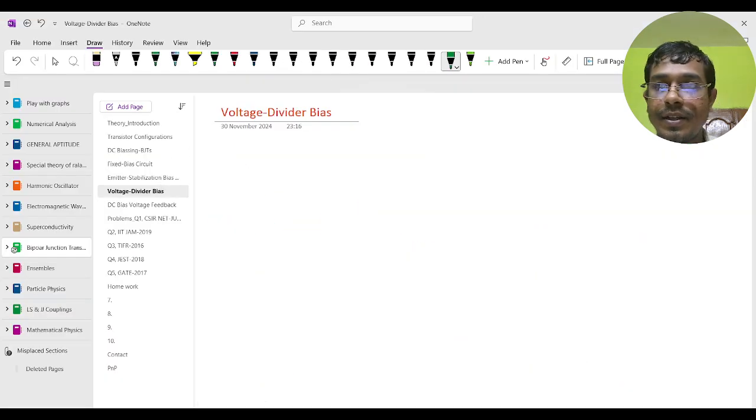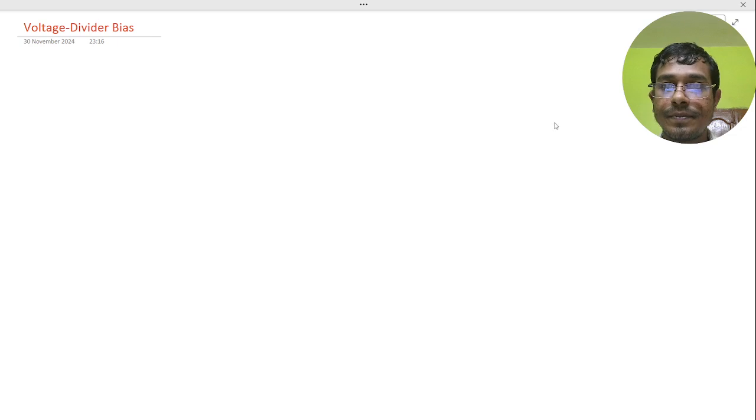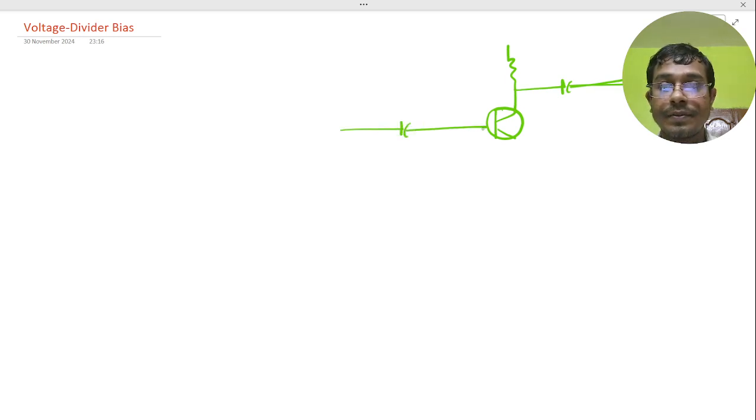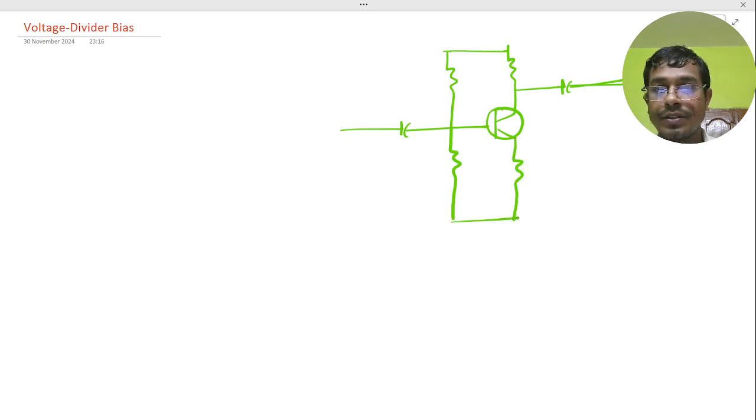For voltage divider bias we have this circuit: the transistor, this resistance and this capacitance, another capacitance connected here, another resistance, and here is VCC.